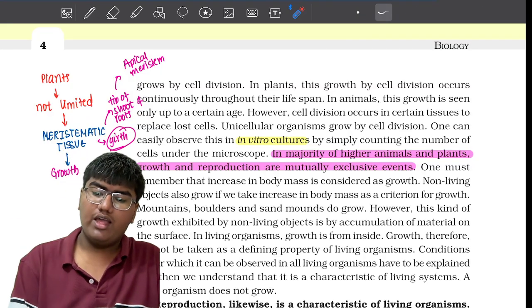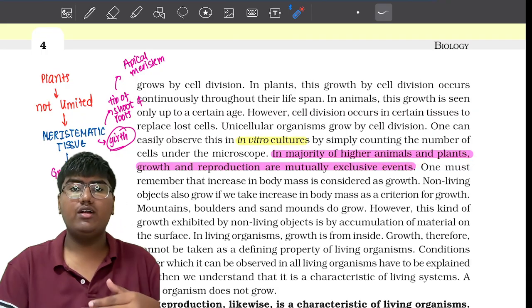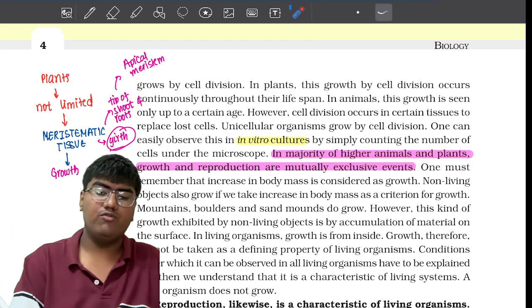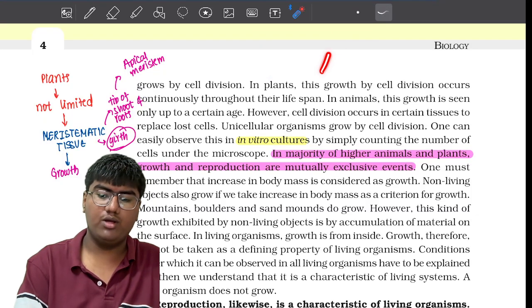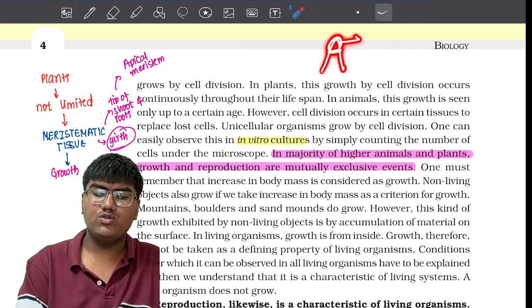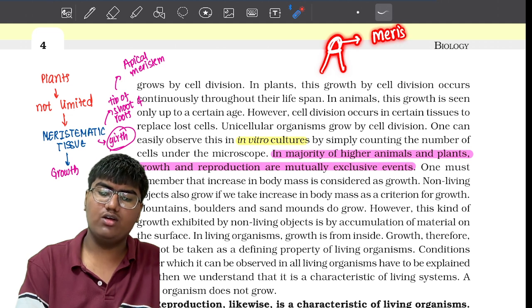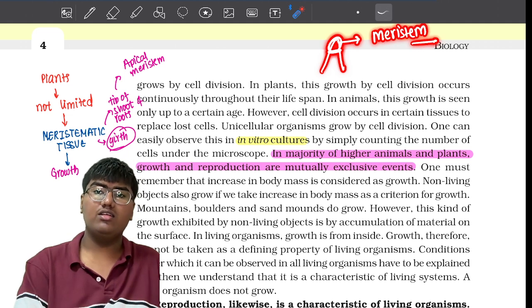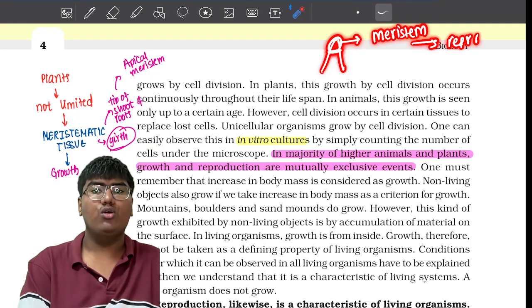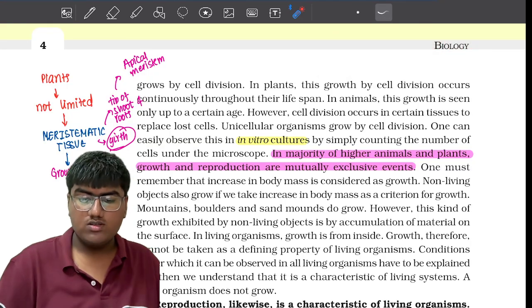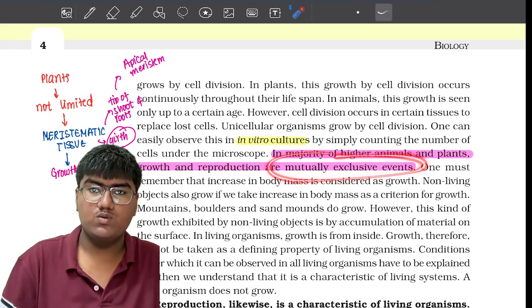Whereas in higher animals and plants, growth and reproduction are very different things. For example, if this is a plant tip, the meristematic tissues present in this continuously grow, but we can't tell this as reproduction. It's just growth, it's not reproduction. Yes, so that is given here, mutually exclusive event.